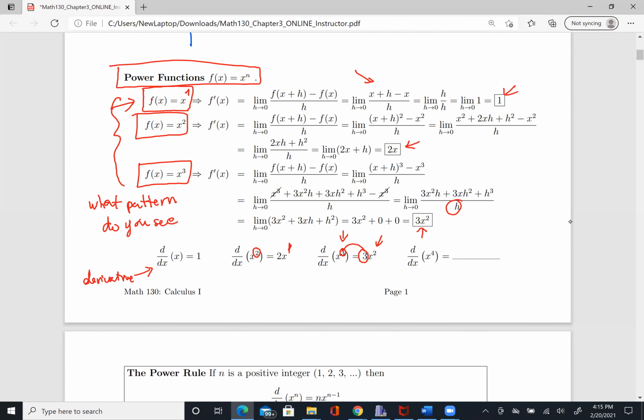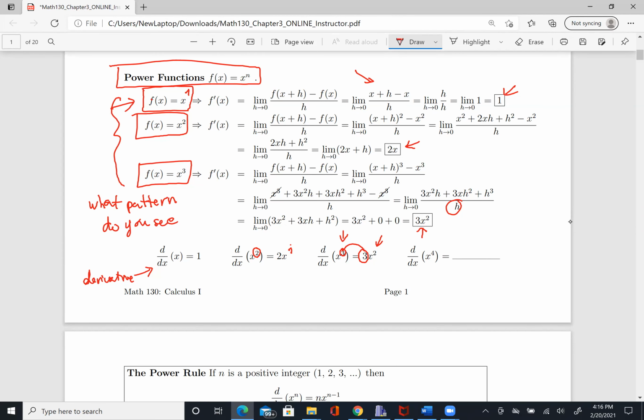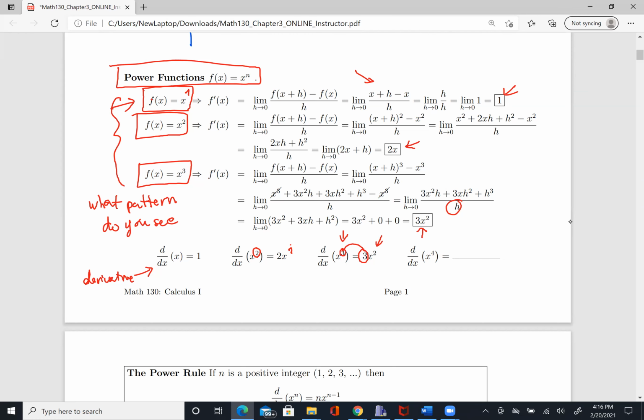So you don't even need to write the number 1. So it still has the same pattern, right? The power from the original becomes the coefficient of the derivative, and the new power is a number that is lower by 1 unit from the original power.